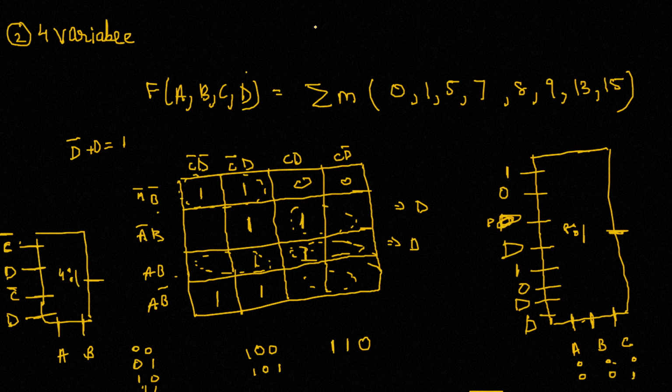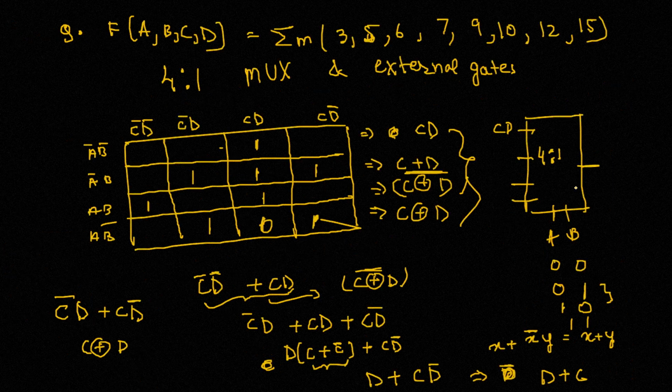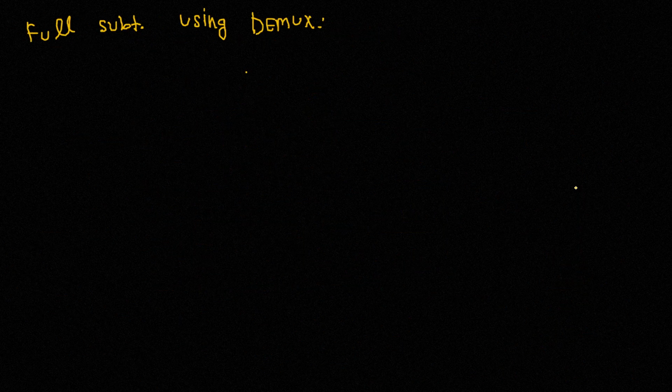Like you can see here, you just needed one mux to implement a huge boolean expression, which would otherwise need a lot of AND, OR and NOT gates to implement. So similarly, let's see how something like a full subtractor can be simplified using a demux. The truth table for a full subtractor had A, B, C, a difference and a borrow out.